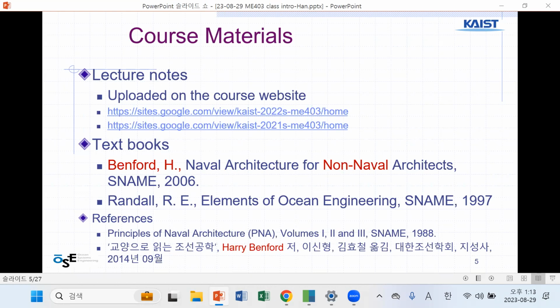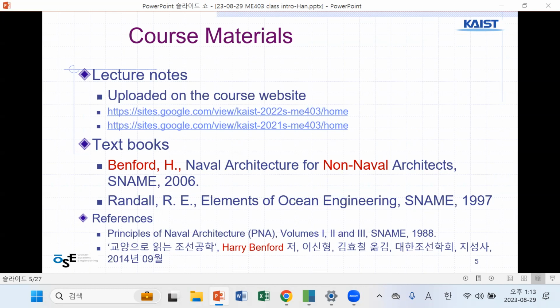Okay, and then the references: there is Principles of Naval Architecture, which we usually call PNA. That is also published by the Society of Naval Architects and Marine Engineers of the United States, and it is a three-volume set.